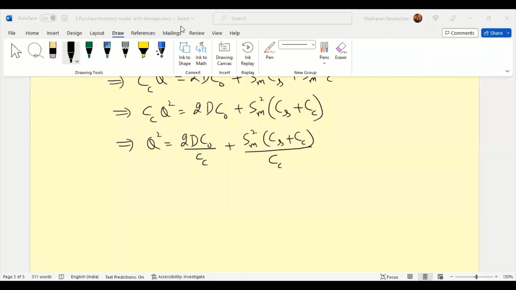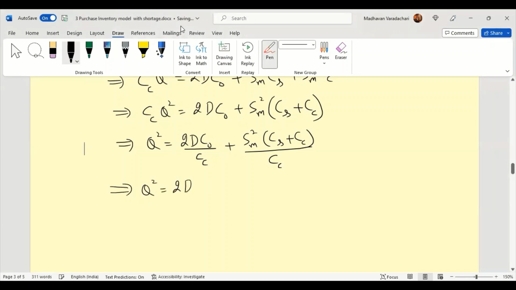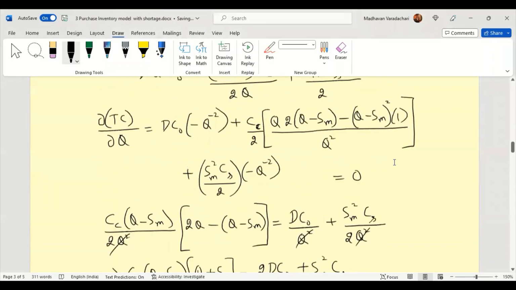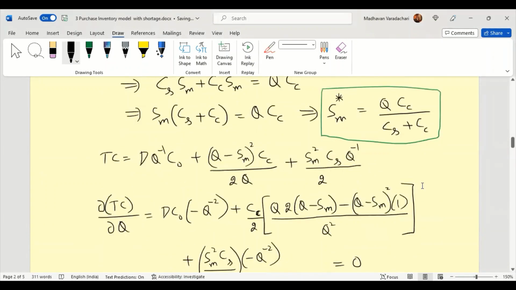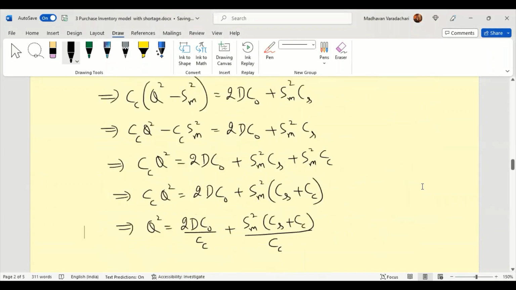So Q square will be 2 times DCO divided by Cc plus Sm square will be written from here as Q Cc by Cs plus Cc.